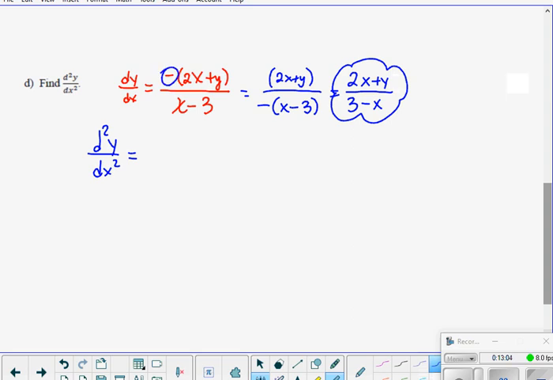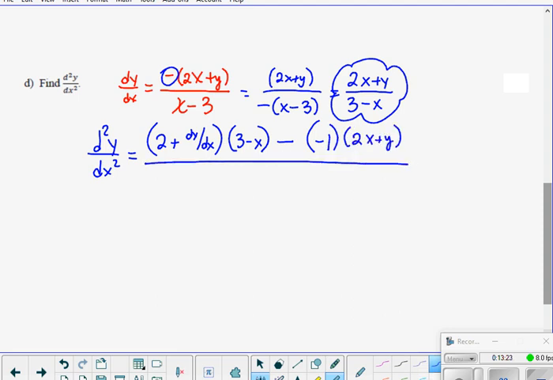That bothered me. And what we did is fine. Okay, so the derivative of the top is a 2 plus dy/dx, multiplied by the bottom. Subtract in quotient rule. The derivative of the bottom is going to be a negative 1 multiplied by the top, 2x plus y, over the bottom squared, which was 3 minus x quantity squared.